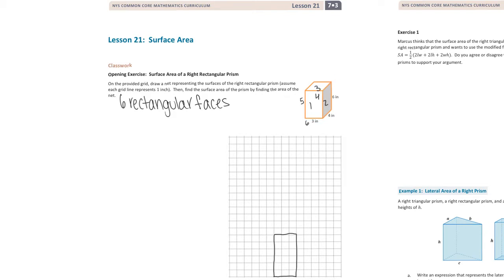So the base here is going to be 3, and then the height is going to be 4. So I'm going to draw 4. 1, 2, 3, 4. Great. Now I understand that my first rectangle's height is 6, and the bases are 3 for both of these rectangles.